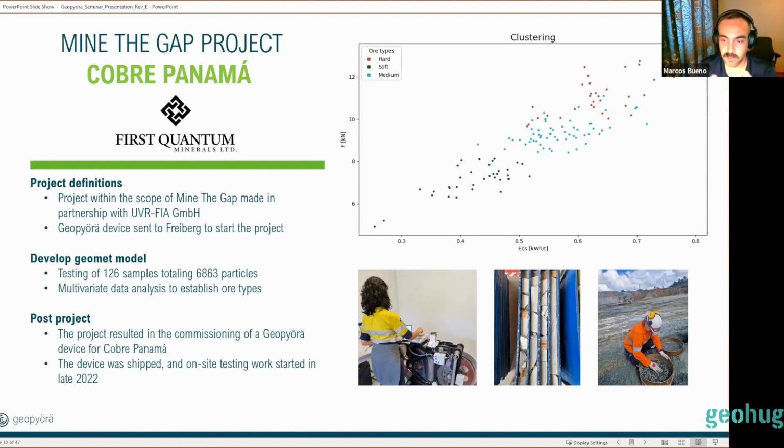But for the current operation, the current pit, they are taking daily drill and blast chips. So we take a screen to the muck pile that sits around the drilling hole, discard the fines, and bring the chips, the coarse rocks, into the lab, where they are tested.